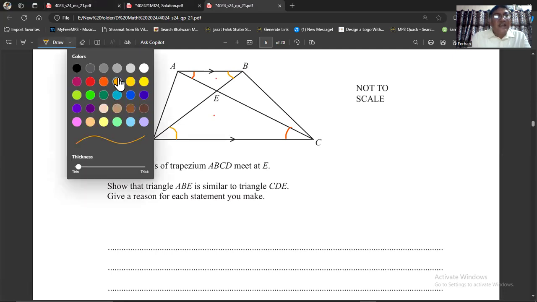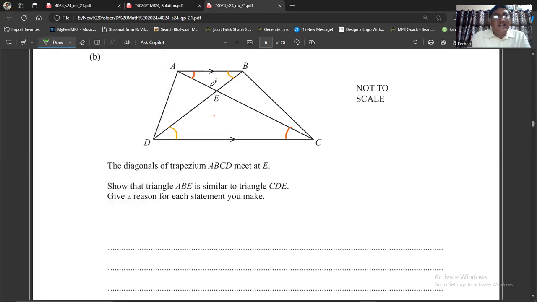And then I can tell you that this angle is equal to this angle because they are vertically opposite angles. So you can see these two triangles, all their three corresponding angles, are equal to each other. So these two triangles are similar. The reason is the angle similarity test.